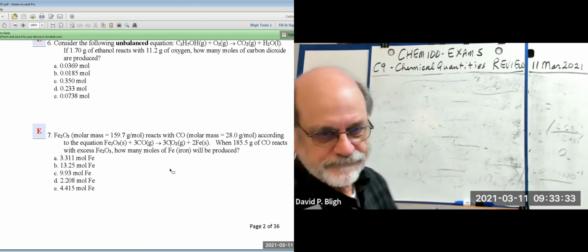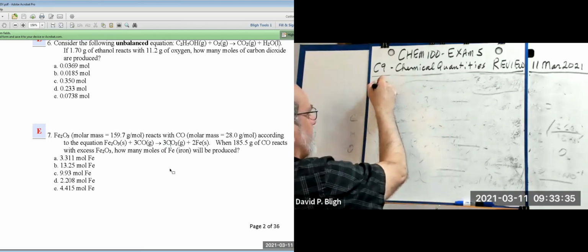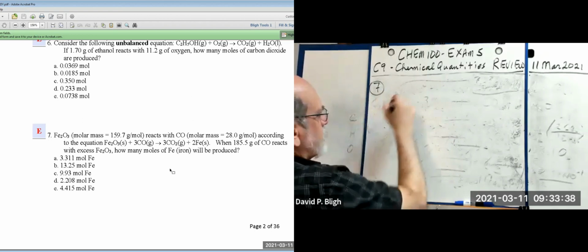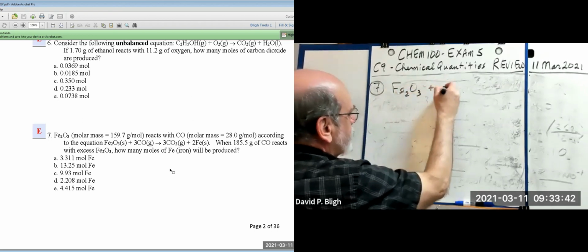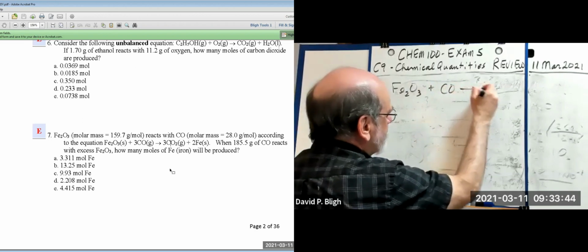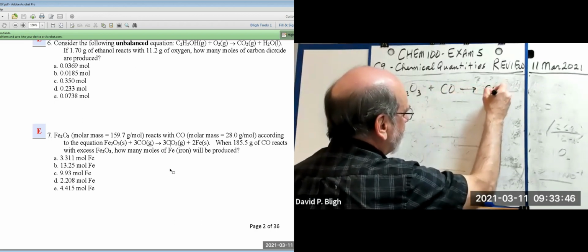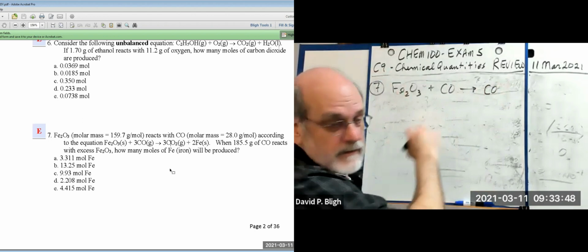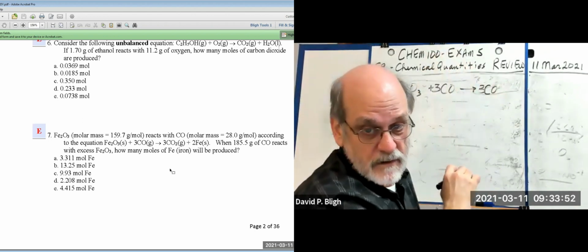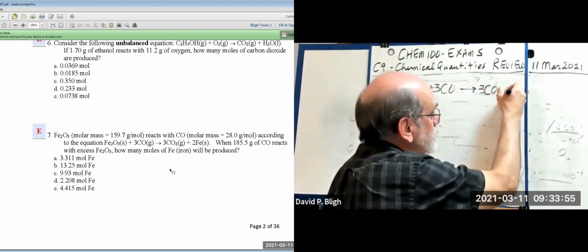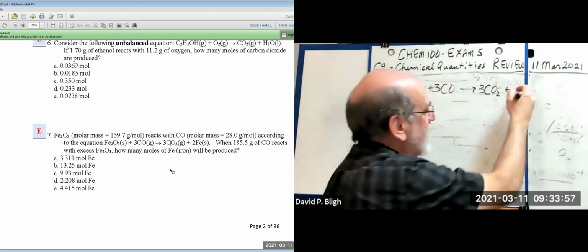Now they're saying, after we have this balanced, they put that one next, don't they? 3 of these, 3 of these, CO2 plus 2 iron.